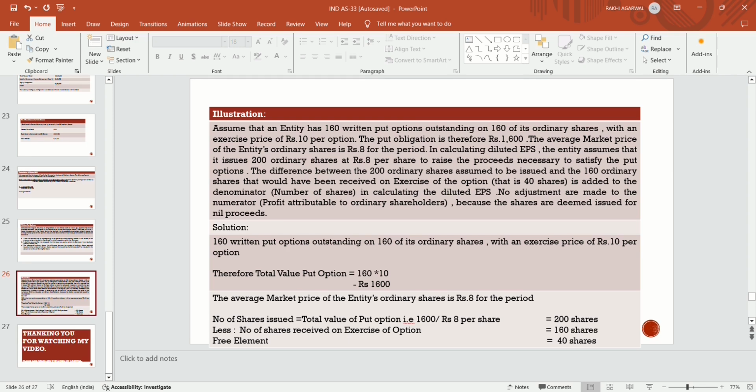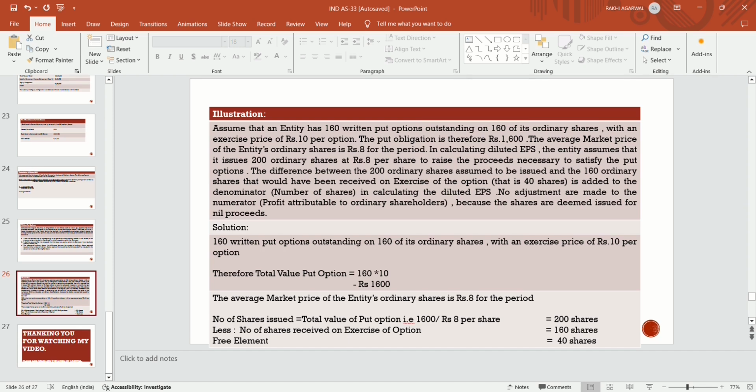The difference between the 200 ordinary shares assumed to be issued and the 160 ordinary shares that would have been received on exercise of the option, that is 40 shares, is added to the denominator in calculating the diluted EPS. No adjustment is made to the numerator because the shares are deemed to be issued for nil proceeds.